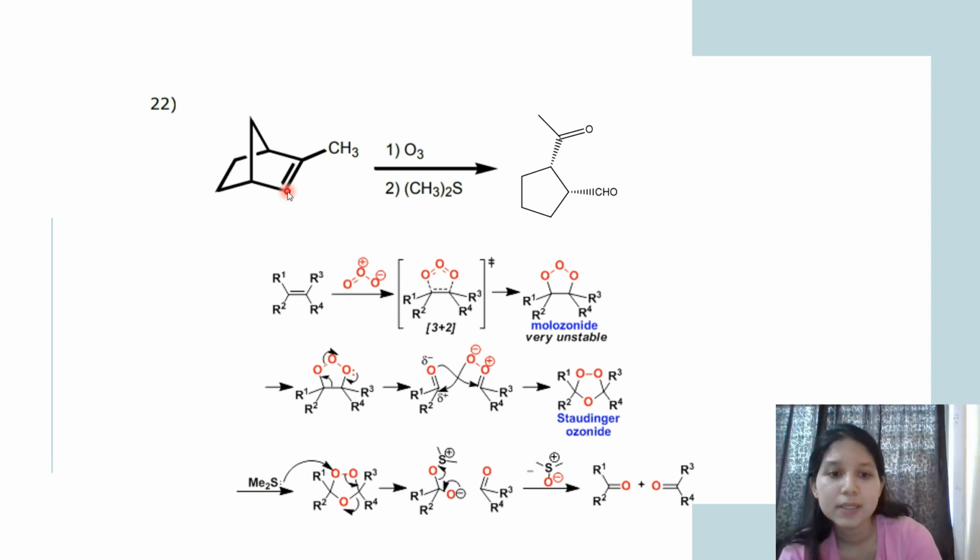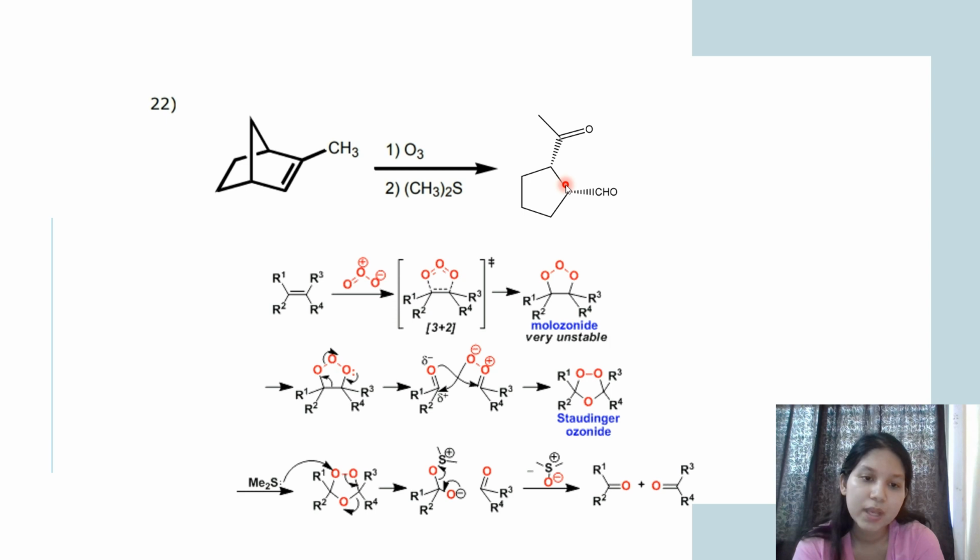So since this double bond is broken, you end up getting a planar structure. You get a cyclopentane in which two positions will be substituted. So in this case, you will see a product where both the substituents are going below the face.